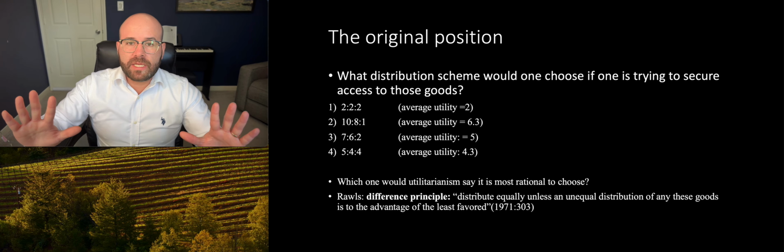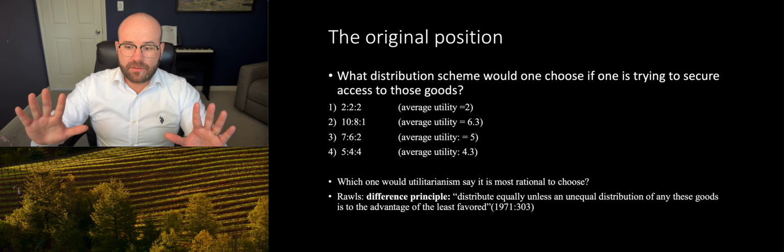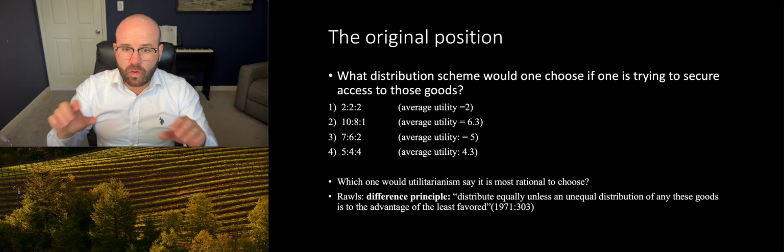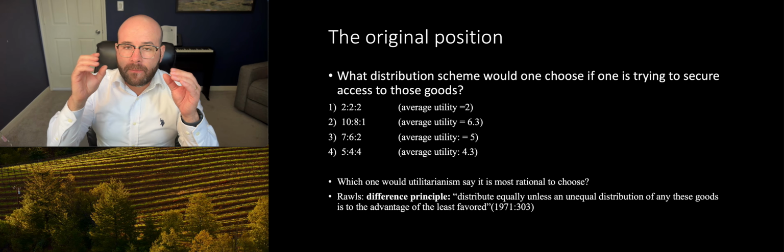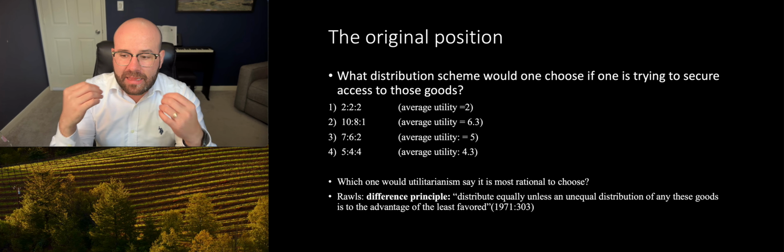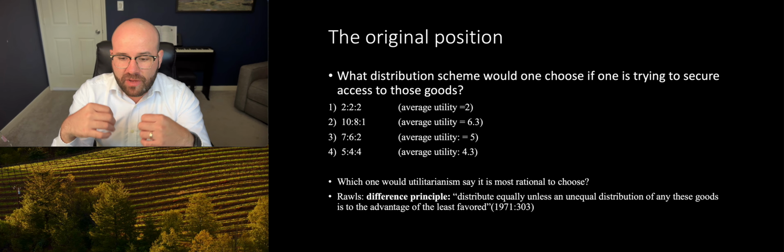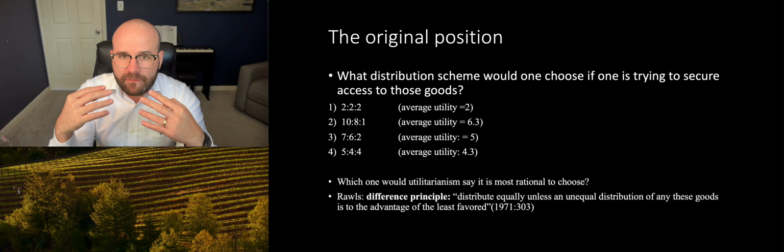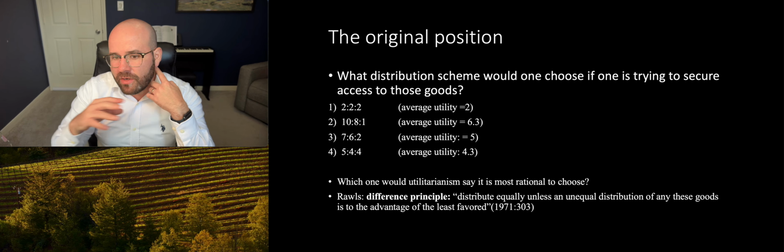So distribute equally is the idea first, and there's one exception. Always distribute in an egalitarian or equal amount. But there's an exception: unless an unequal distribution of any of these goods is to the advantage of the least favored. Okay, so how does this look in practice?